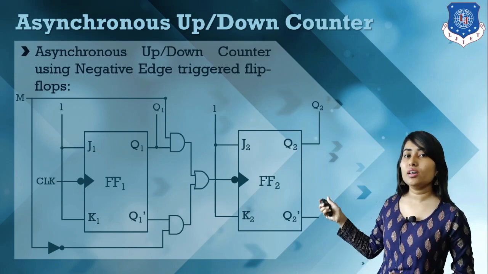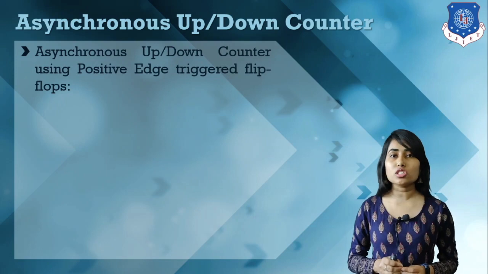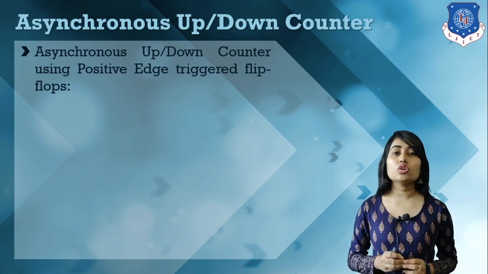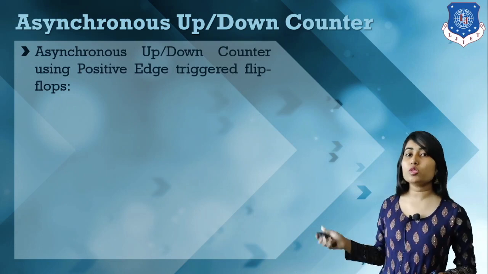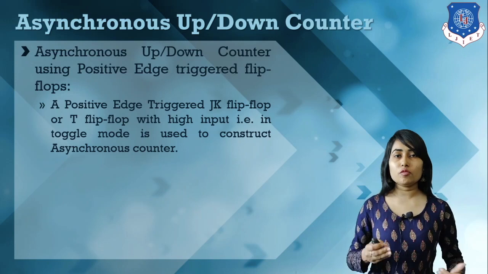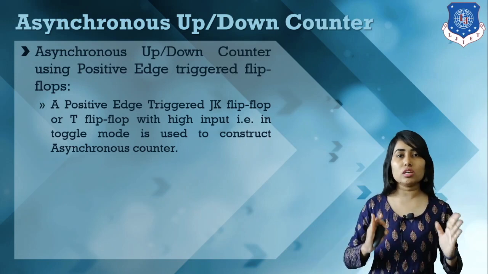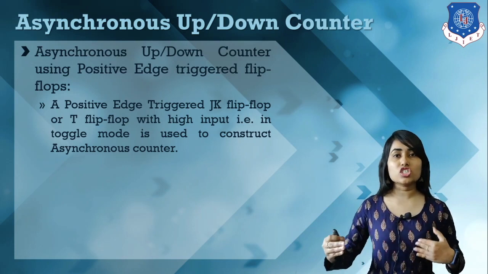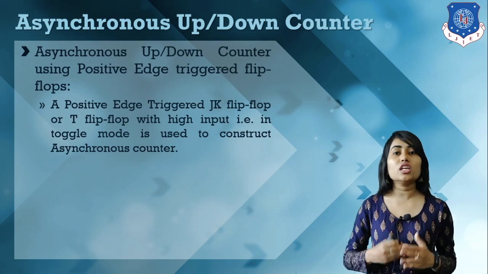Here we have the next one, the asynchronous up and down counter using positive edge trigger flip-flops. Basically, here we have positive edge trigger flip-flops, either JK flip-flop or T flip-flop with input high, that means in toggle mode.